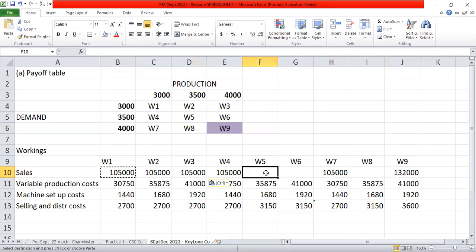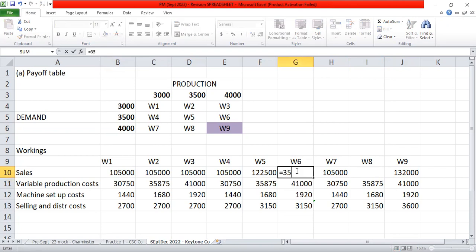In working 5, $35 per unit times, we are selling 3,500 units. Working 6, $35 times, we are selling 3,500. In working 8, $35, we are selling 3,500.